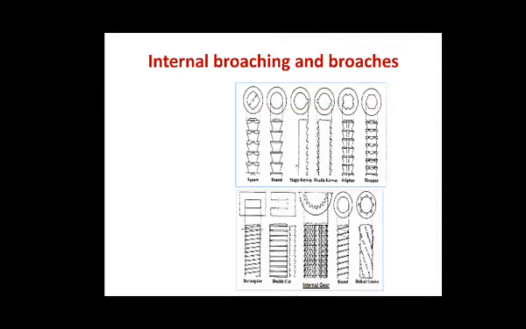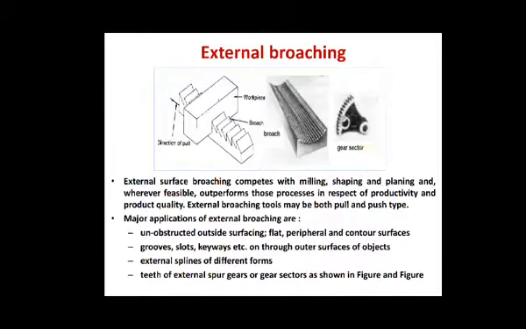Now let us see the next, external broaching. External surface broaching competes with milling, shaping and planing, and wherever feasible this process outperforms in respect to productivity and product quality, and this may be of both pull type and push type.